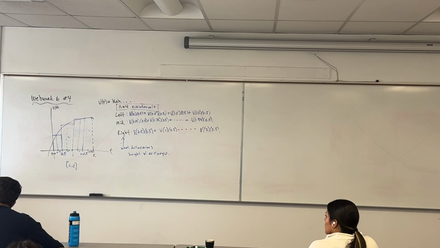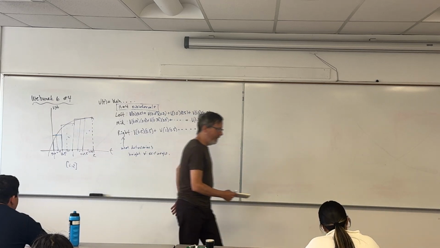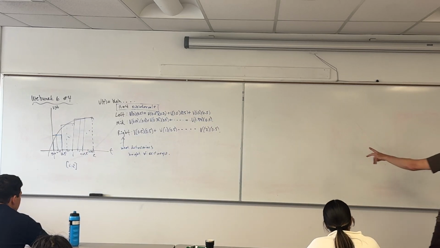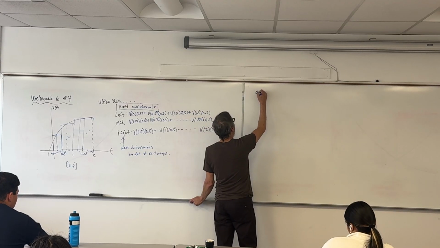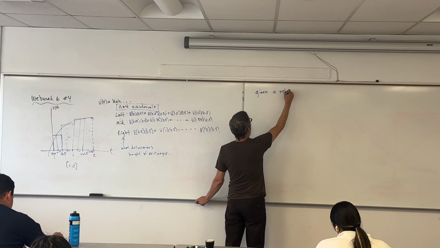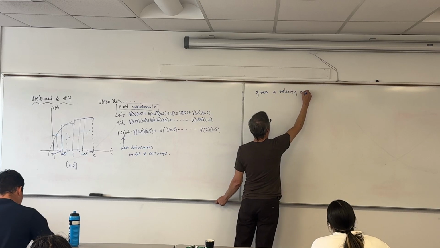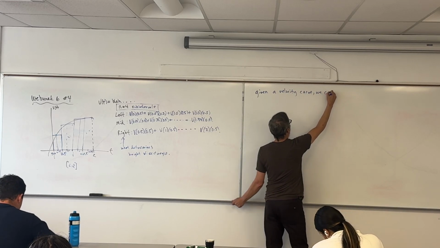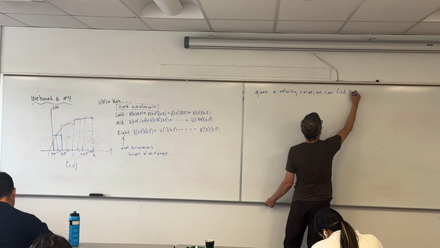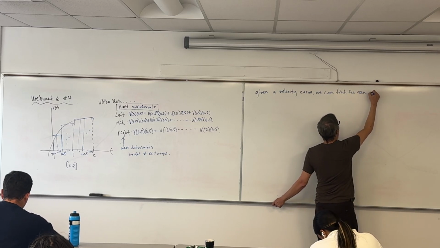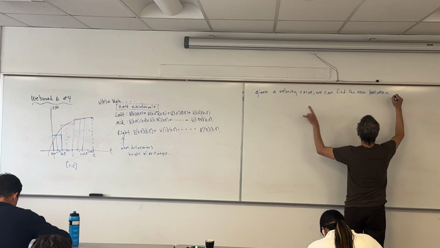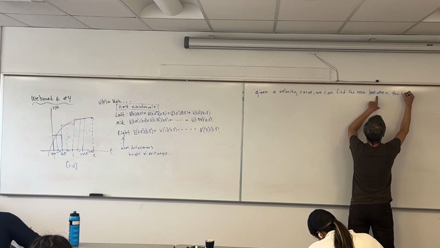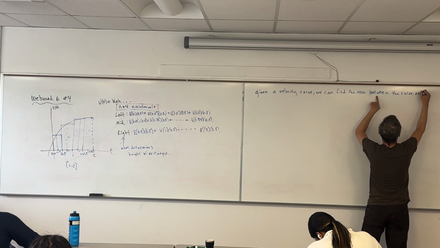Good. Okay. All right. I want to take this idea. So we had this idea that given a velocity curve, we can find the area. And I'm going to write this a little bit differently because I'm going to extend the idea. Between the curve and the t-axis.